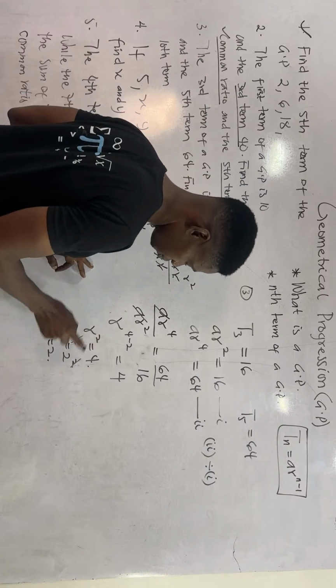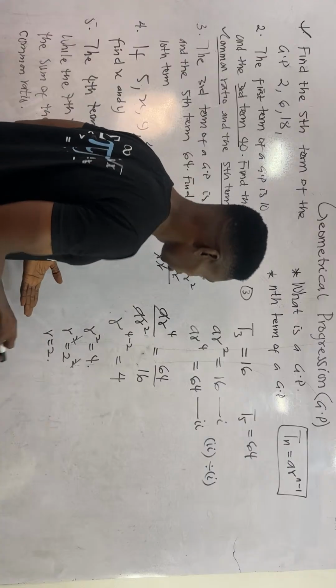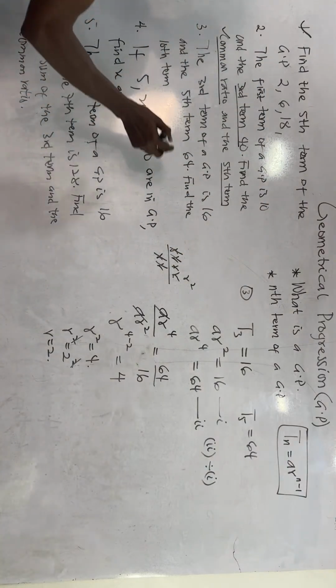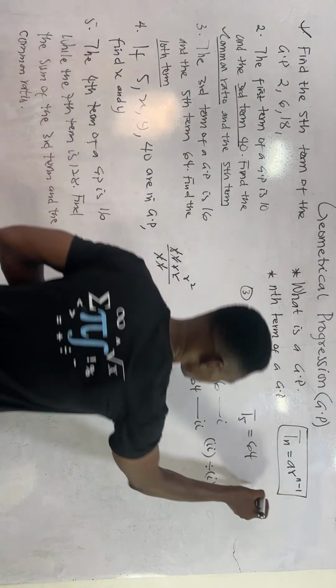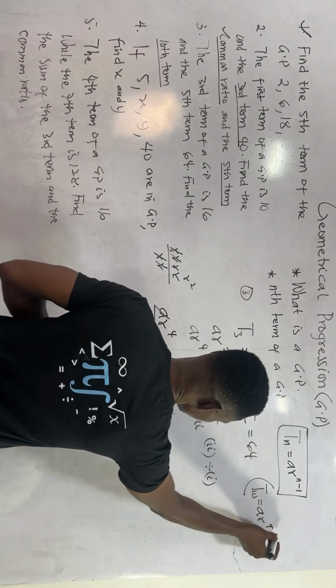So we have R equal to 2. But we're not done, because for us to get our T10, which is what the question requires, to find the 10th term, watch, T10 is AR⁹, isn't it?